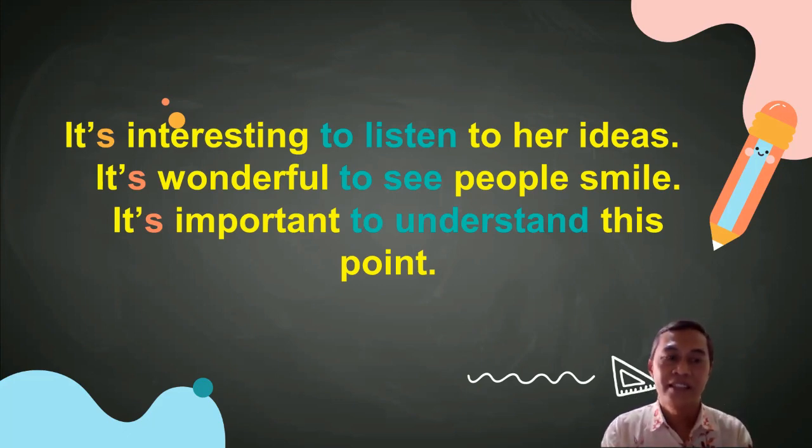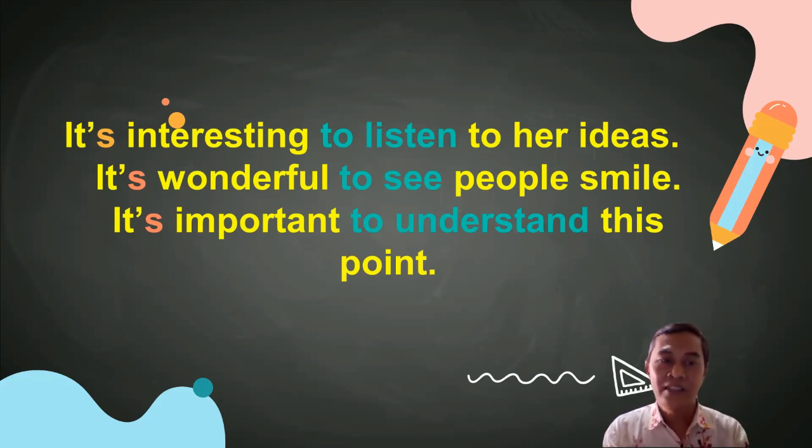So let's see the second sentence. It's wonderful to see people smile. So started with it as the subject and then is, and then an adjective, wonderful, and then to verb, to see people smile.